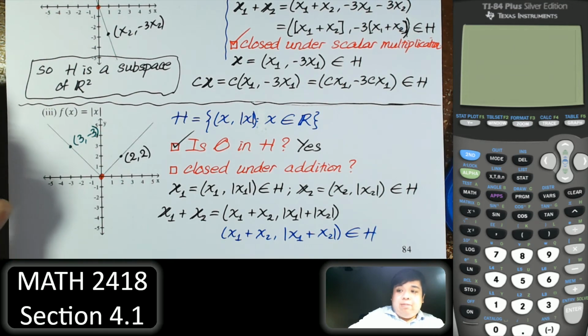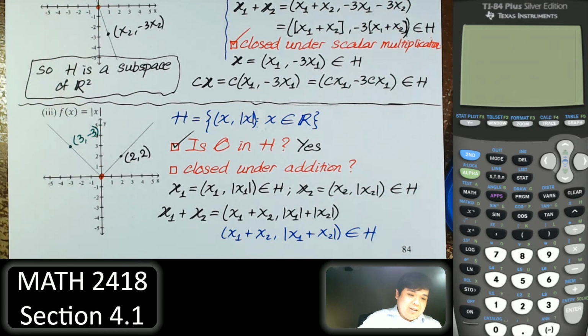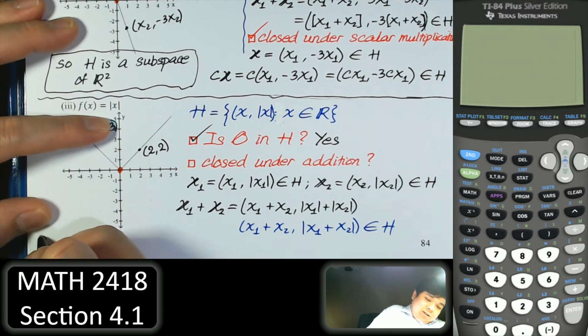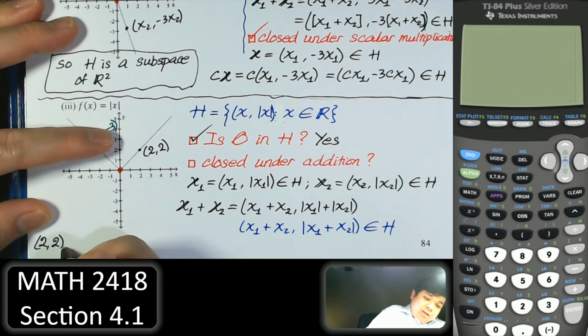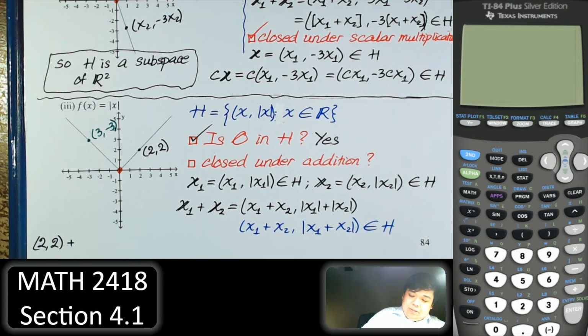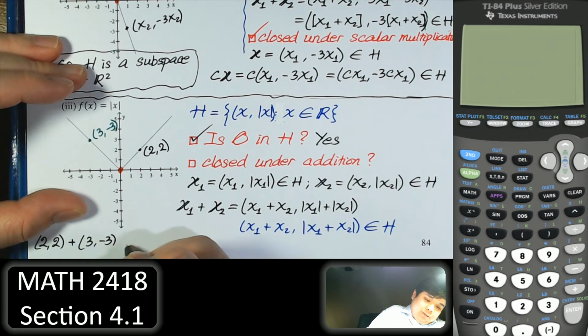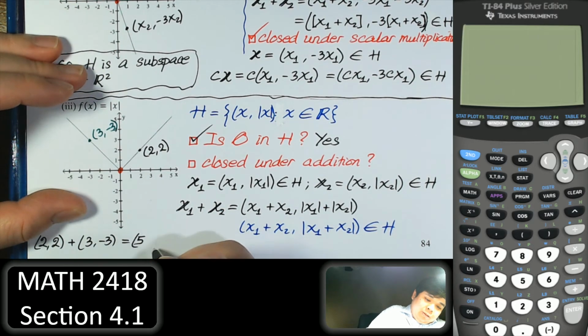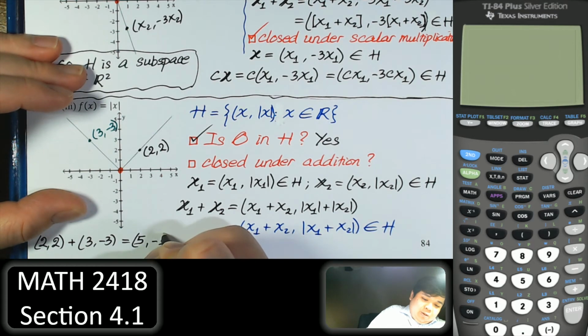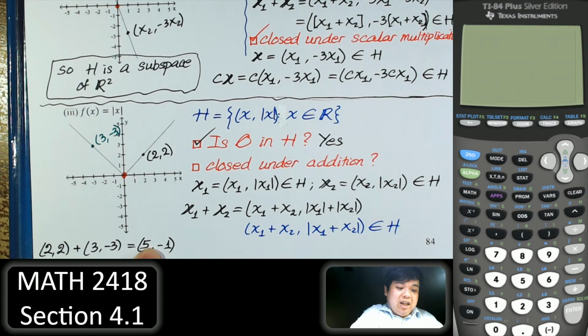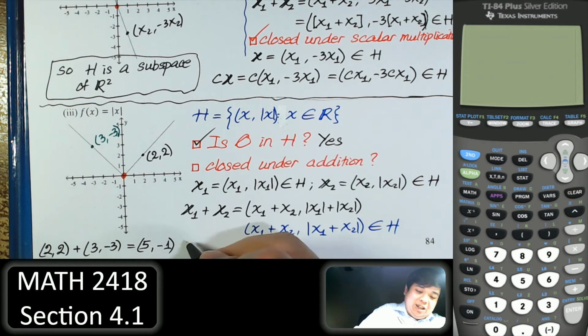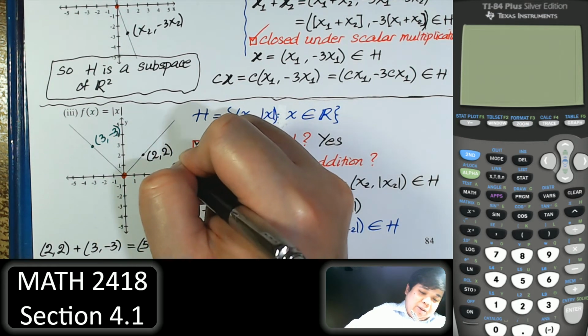If you add them, what do we have? 5 and negative 1, and that is not in H. The point 5, negative 1 is here.